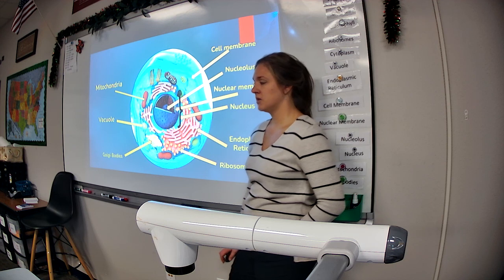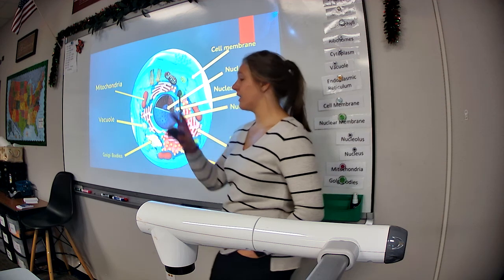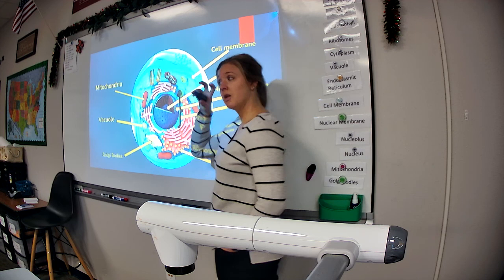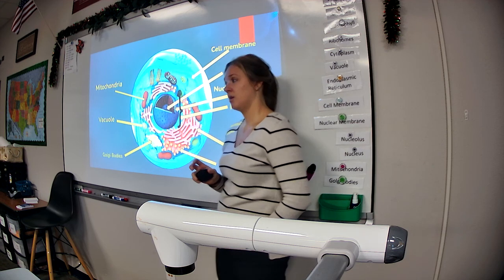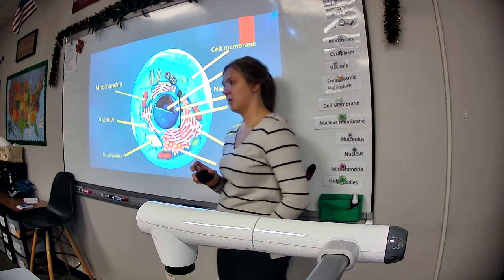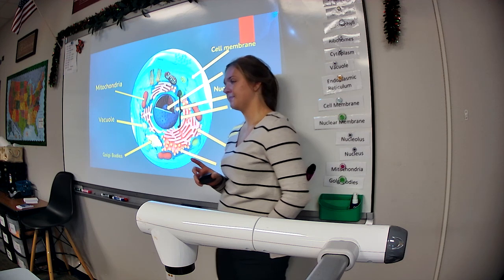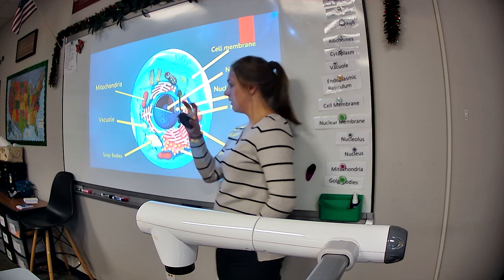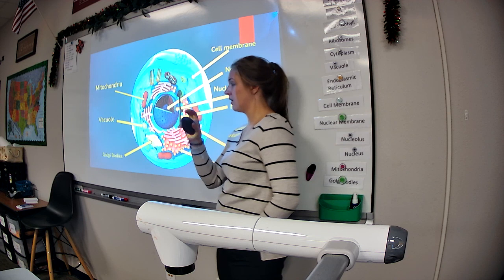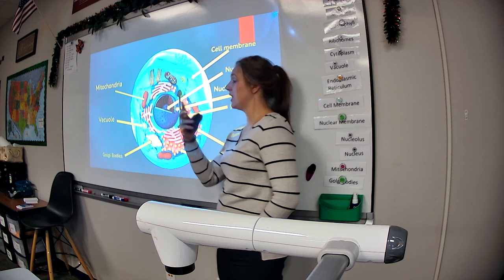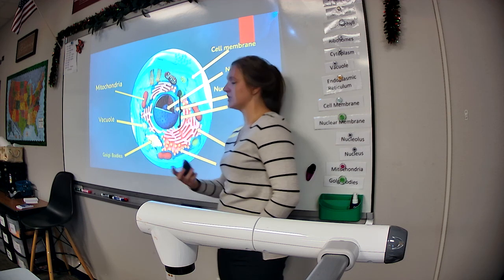Do you remember what they are like in the city? Help them out, Reagan. There's a power plant in the city, and they produce the ATP, which is the energy for the cell.